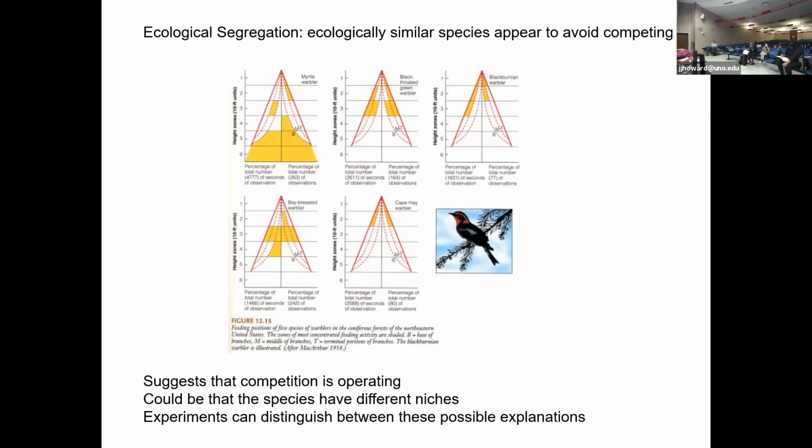We do not call this competition because we don't know that that's what's producing it. It's ecological segregation. We would have to do removal experiments to determine if this is due to competition or if they just have different niches.